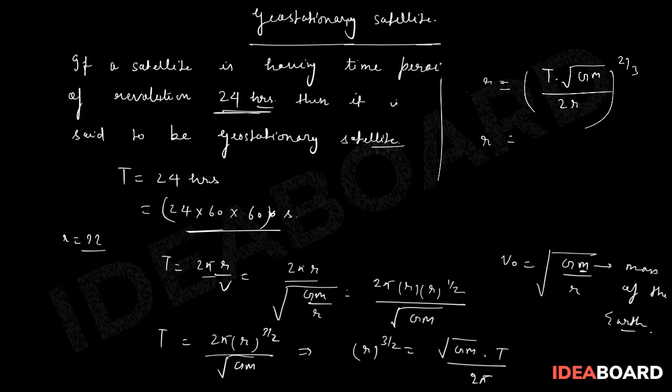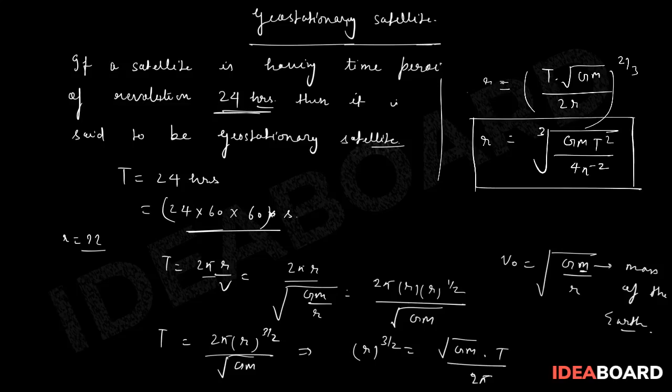That means r will be equal to cube root of GM square, that means GM into T square upon 4 pi square. Now you can clearly observe, we know the value of G, we know the mass of the Earth, we know the value of time period, 4 pi square is known. So now we can easily achieve the value of radius.